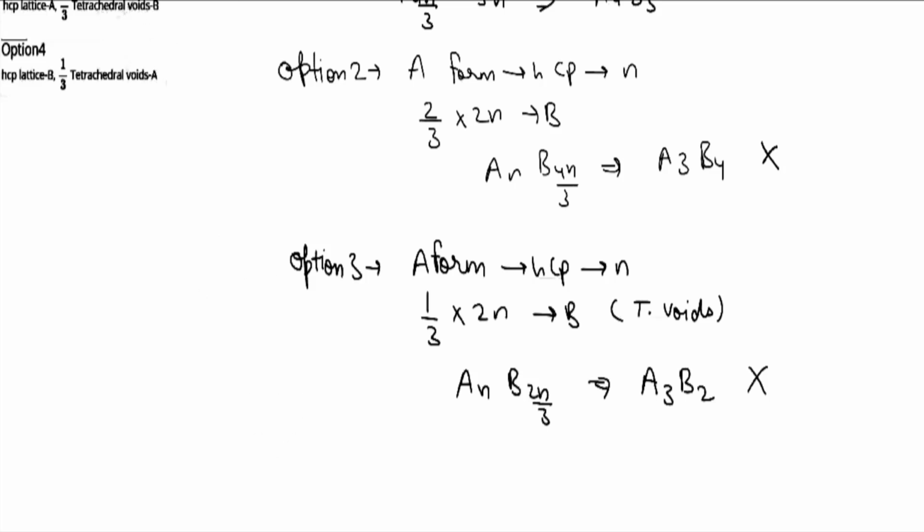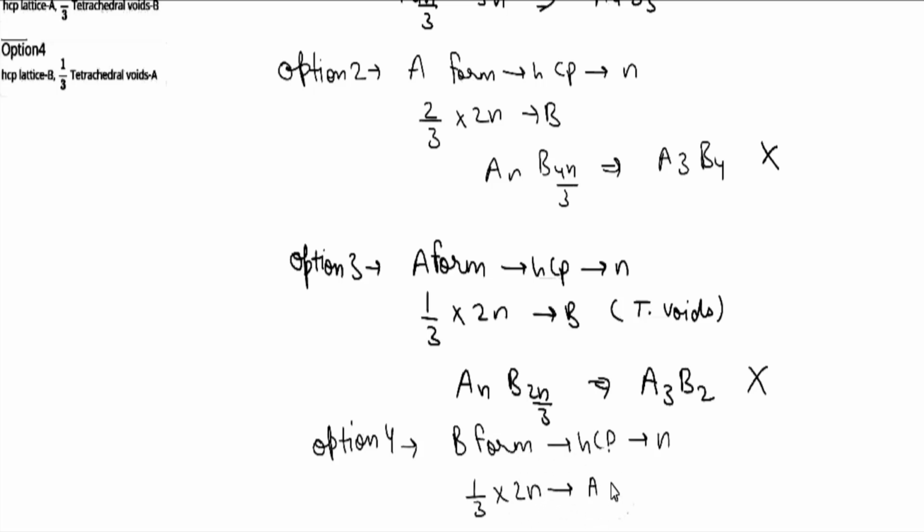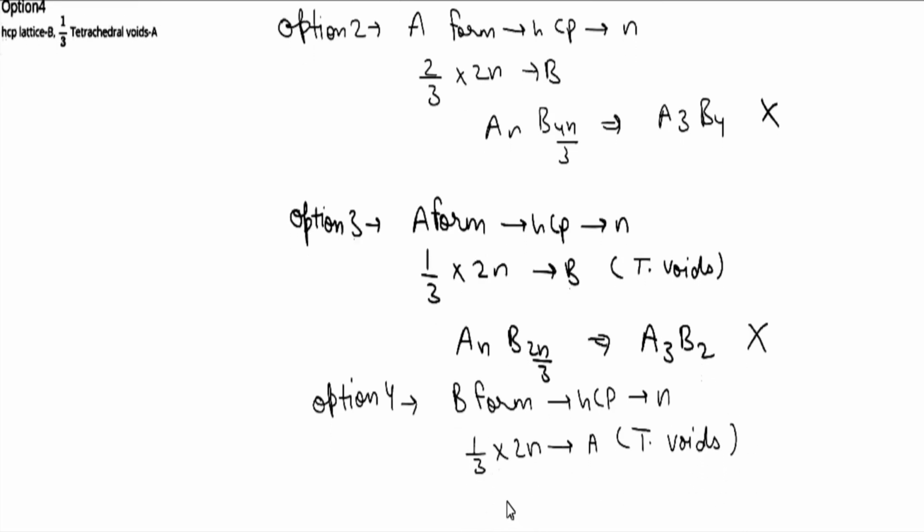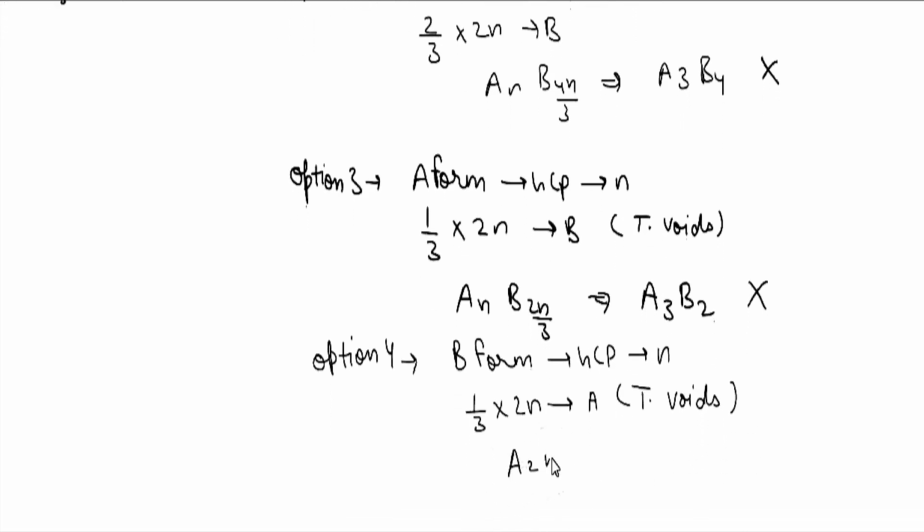Now again checking for option 4. B forms the lattice and 1/3 of the total tetrahedral void is occupied by A. So the formula is A2n/3 Bn, which is A2B3.